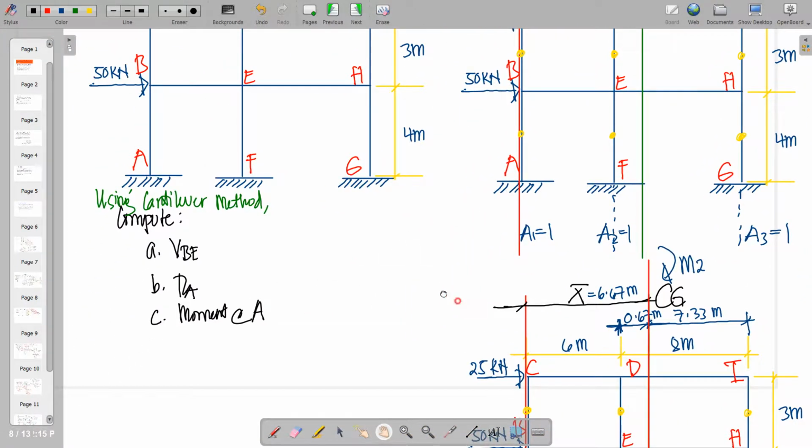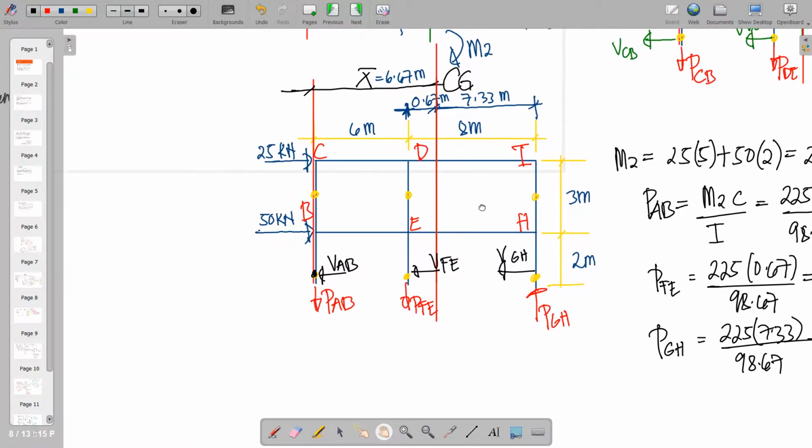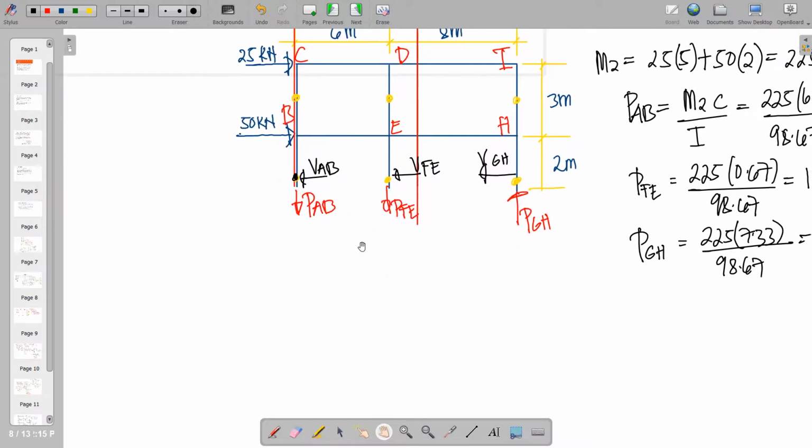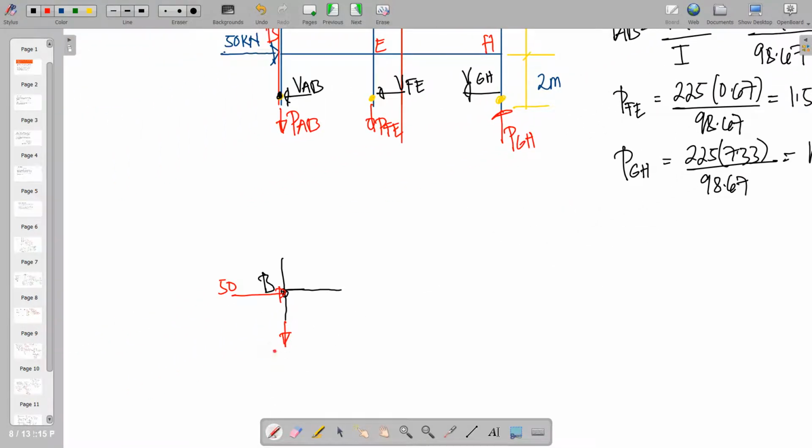So for shear at BE, we're going to use the portal on B. See, this is B. On that, we have here 50. And we have already obtained this, which is actually PAB 15.21.